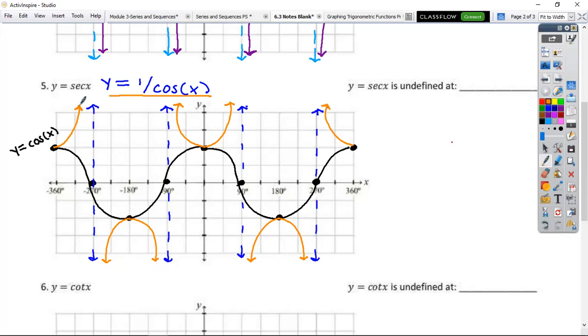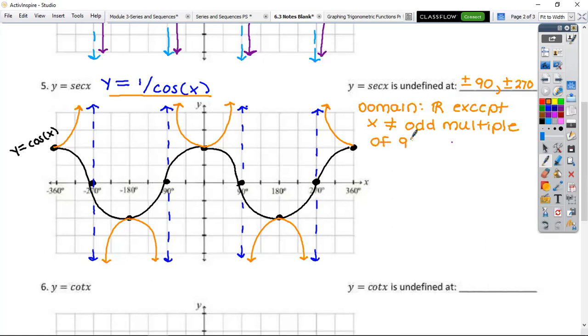So we need to write out where this is undefined and then domain and range. So secant is undefined at plus and minus 90, plus and minus 270, as they appear on your paper. And domain: my domain is all reals, except x cannot be equal to an odd multiple, again because 1, 3, 5, of 90 degrees, which is pi over 2.